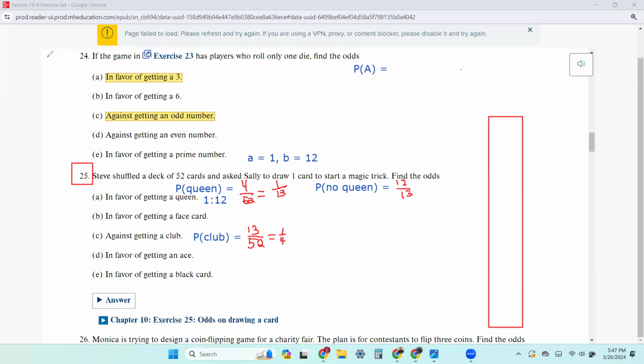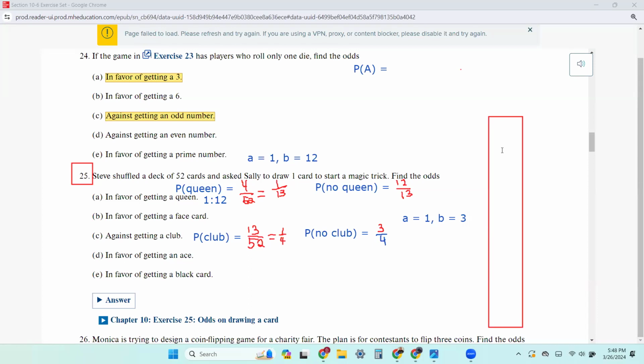All right. So what's the probability of no club? Well, it's 3/4. I'll write it in. Okay, questions on how we got those? A is equal to 1, B is equal to 3. And so now we can do our odds against.